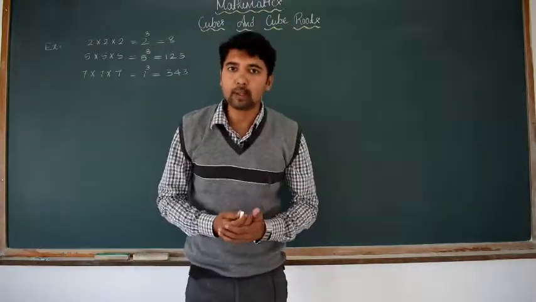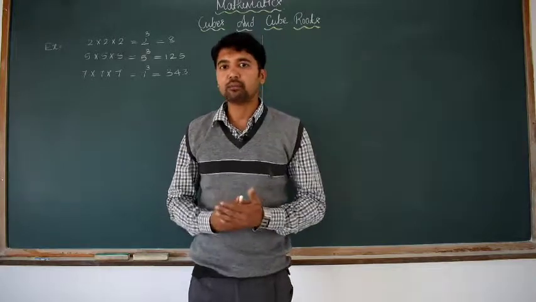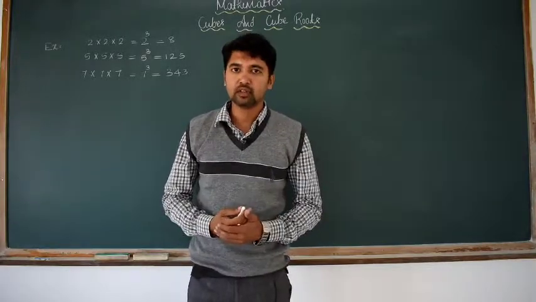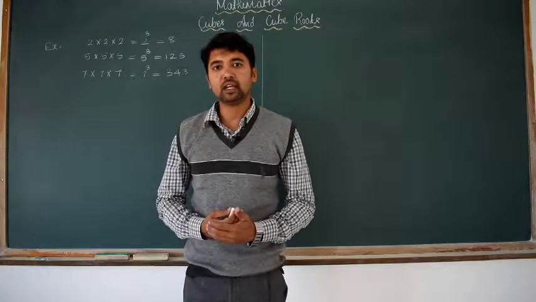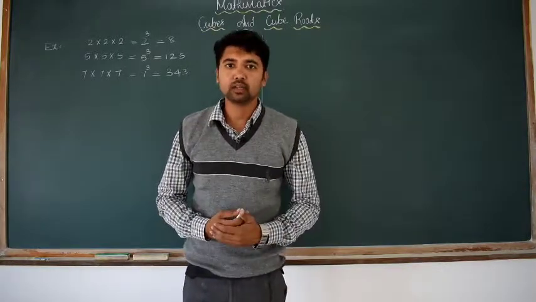So this is called a cube number. What is a cube number? The number which, when multiplied by itself 3 times, the product we get is called a cube number.